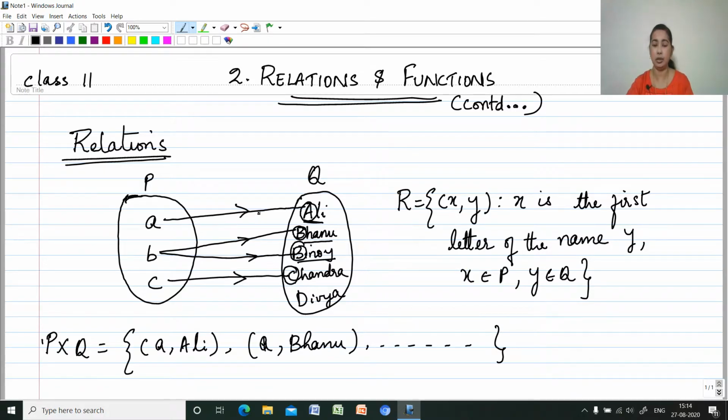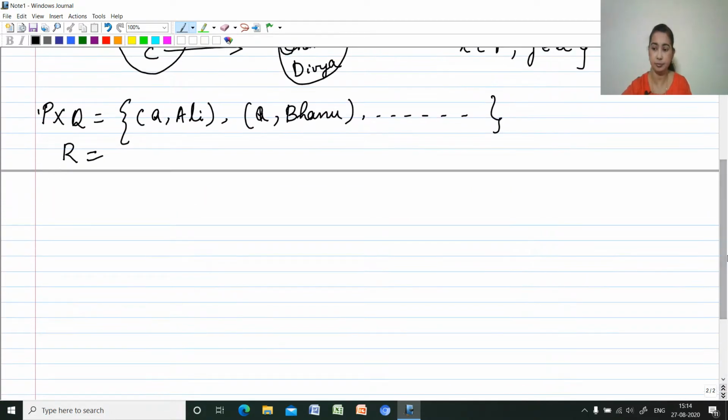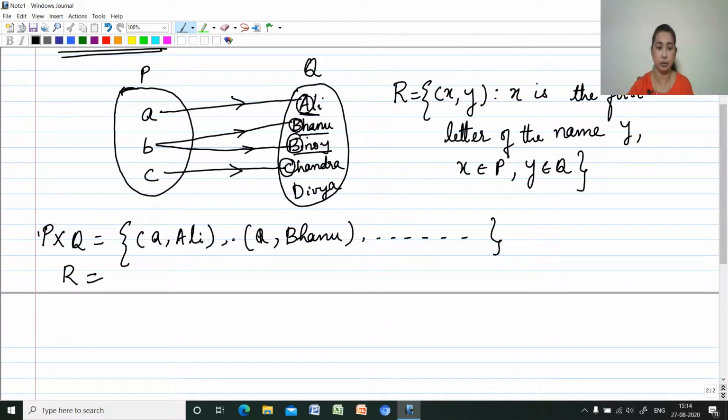These all come under the Cartesian product also. R can be written in roster form. So how can I write R? R is equal to the set of ordered pairs: A comma Ali, since there is a relation between A and Ali.